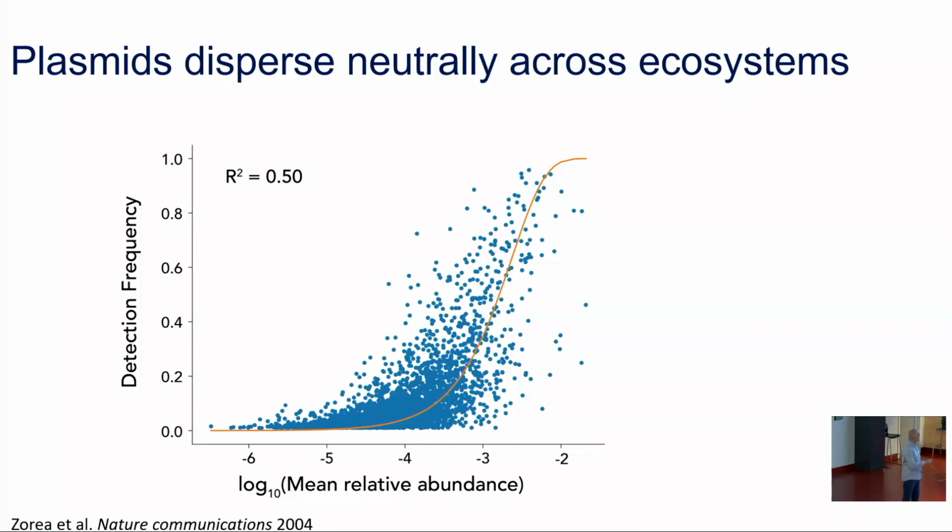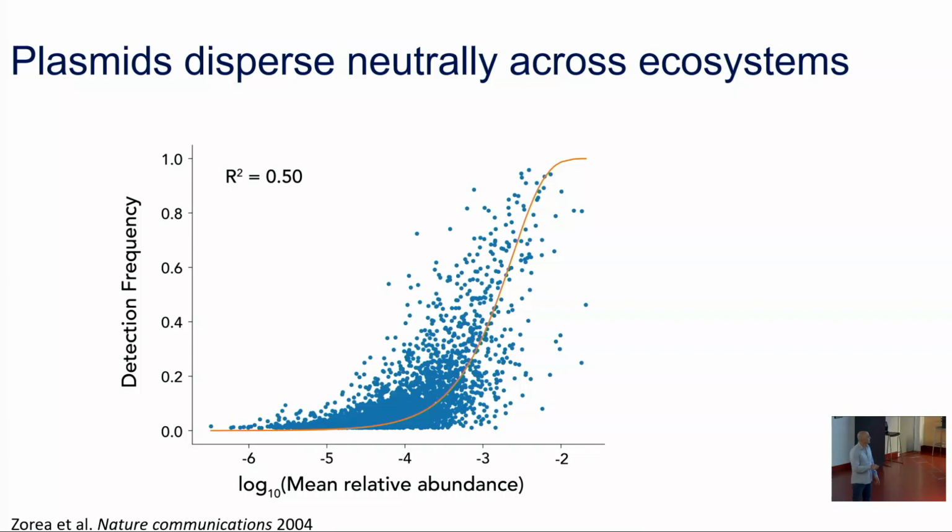And this is the null model here in orange, where this is how a perfect neutral behavior would look like, where there is a very tight connection between just abundance and prevalence across populations. And each one of these dots is essentially one plasmid. And what you can see over here, we were actually very surprised by it, is that most plasmids obey neutrality. They're dispersing in a very, very neutral manner. They are not being selected for.